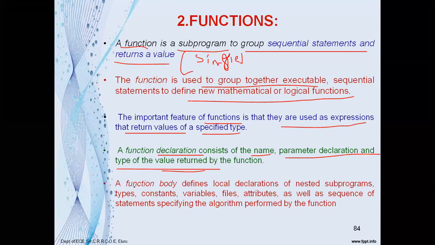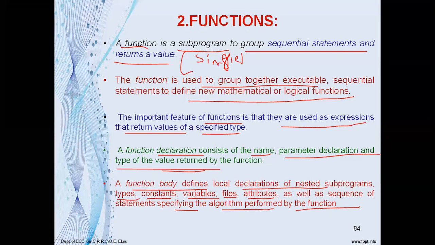And what does a function body consist of? A function body consists of the local declarations of the nested subprograms. Whatever we want to describe by the function will all be placed in the function body. So you can write the types, constants, variables, use the files and also the attributes, as well as the sequence of statements specifying the algorithm to perform the desired function.